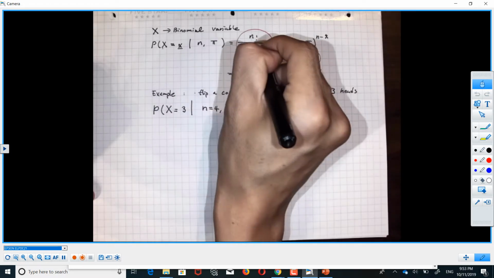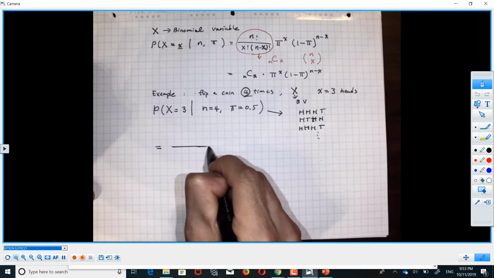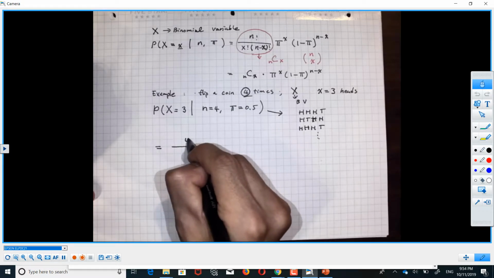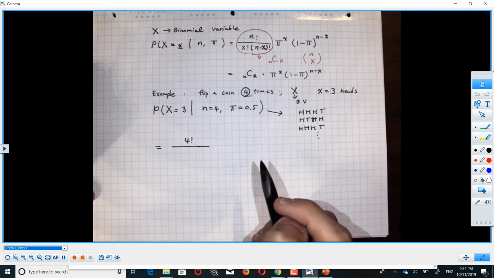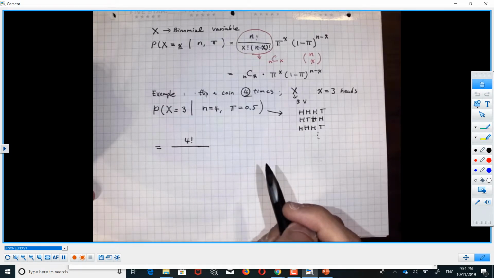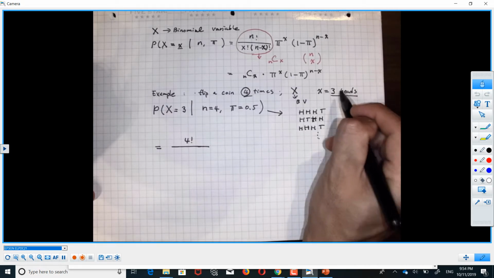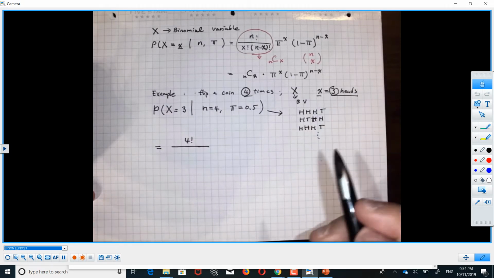If we use this formula, n factorial is 4 factorial, because that's the sample size 4, you tossed the coin 4 times, and x is 3 heads, right? Small x is 3.